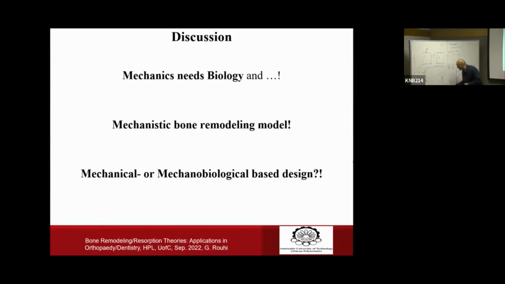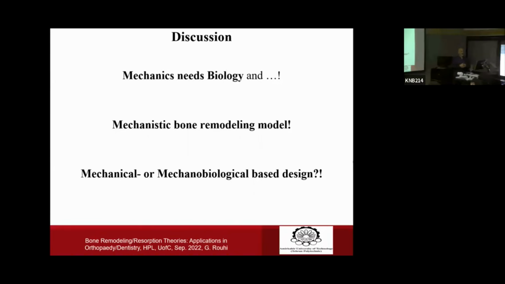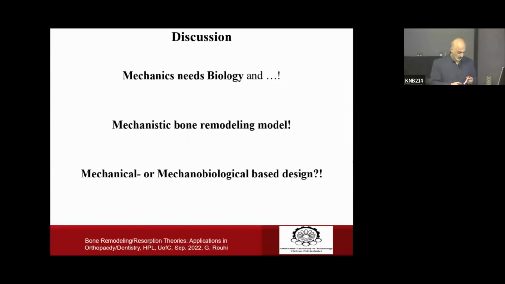Osteoclast, what's the relation between these? This is called mechanistic, and we're in great need of a mechanistic model. We are not yet there. And optimization based, I already explained, I think. Bone is an optimal structure, so use mathematical methods, and you can find some good results with no insight about the biology of this story. Okay.